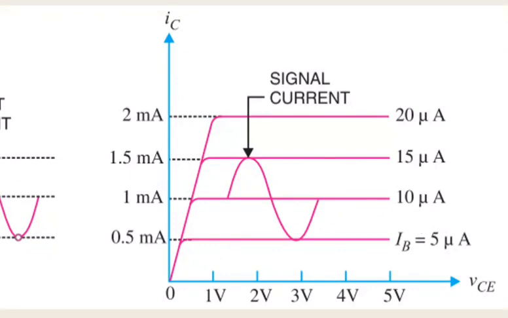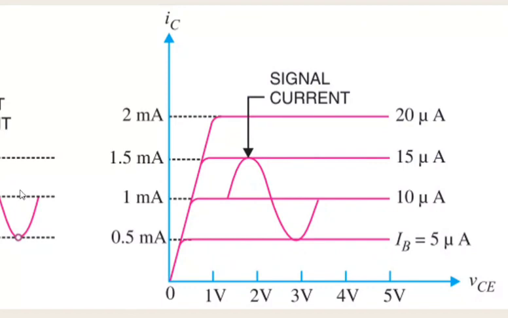Input current we have given 10 microampere. Okay. So now we are giving the weak input signal. During the positive half cycle of the input signal passing through the circuit, what will happen? It gives the maximum amplified output, that is 1.5 milliampere current. I mean the output current will come.